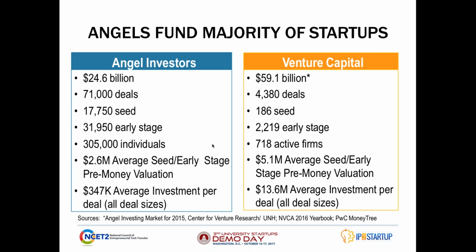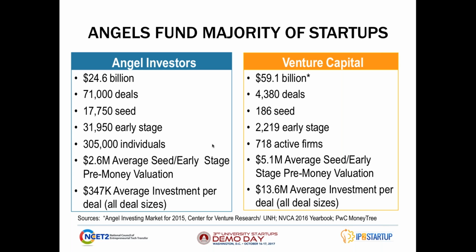Angels, though, do a lot of the deals, and VCs do a lot of the later deals and just fewer numbers. So angels, 71,000 deals in 2015, and this is some Center for Venture Research data and Money Tree data, and also NVCA and Angel Capital Association data. So 71,000 deals a year, roughly, versus 4,000 deals.